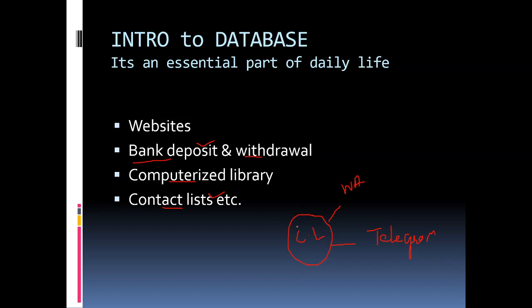The contacts are stored in this central pool, and when you want to access that data, in WhatsApp or in Telegram, you can get the data from this central pool that is stored somewhere in your mobile contact list.